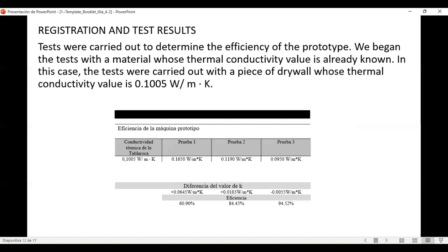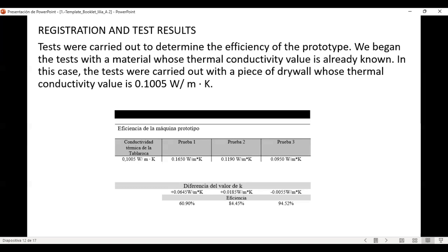The table shows the result of experimental confirmation of tests on a material with thermal conductivity known as drywall, and the measurements of 3 test specimens of the same material and same thickness with a known conductivity of 0.1005 watts per meter per degree Kelvin.